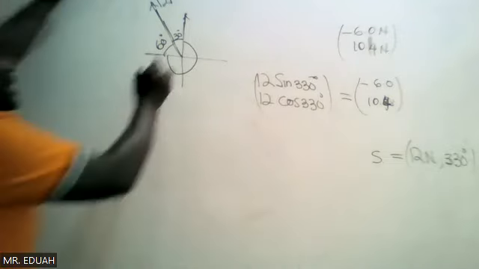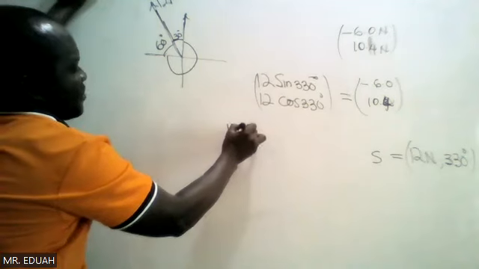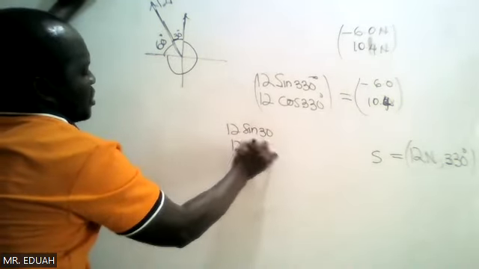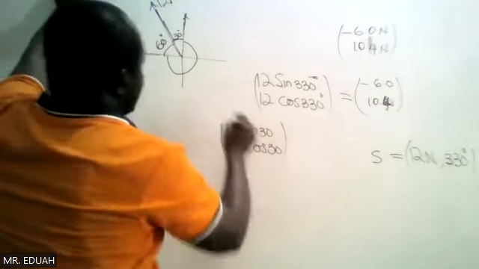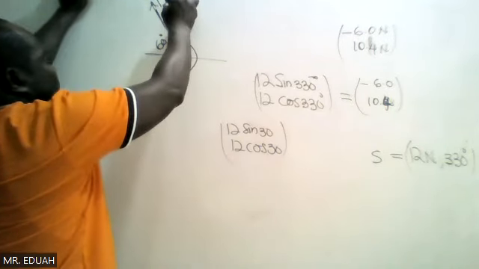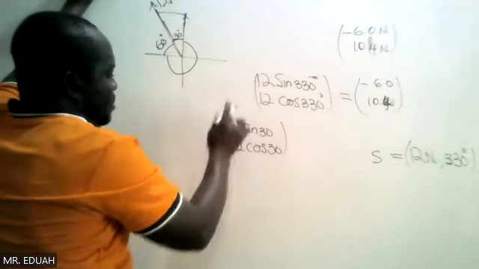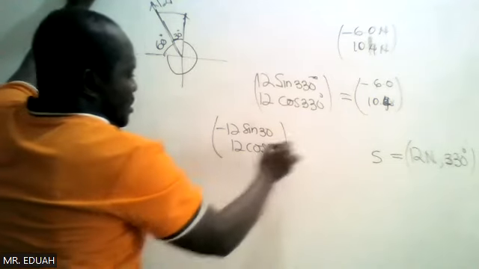I can also use the angle to the y-axis. So 12 sine 30 and 12 cos 30. But over here, x is negative and y is positive.